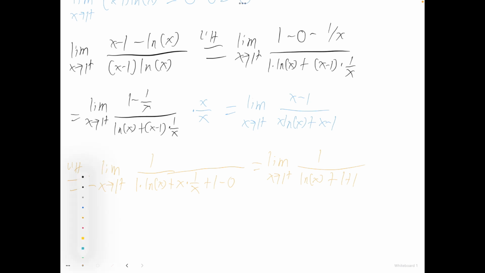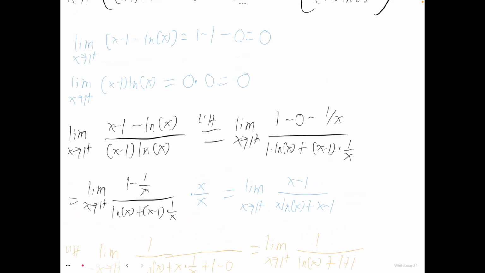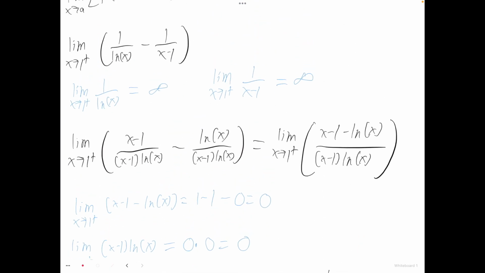And so we have then the limit as x goes to 1 from the right of 1 over 2 plus ln of x. The top is going to 1, and the bottom is going to 2 plus 0, which is 2. So we get out 1/2. And so we have successfully computed this limit that was an infinity minus infinity form.